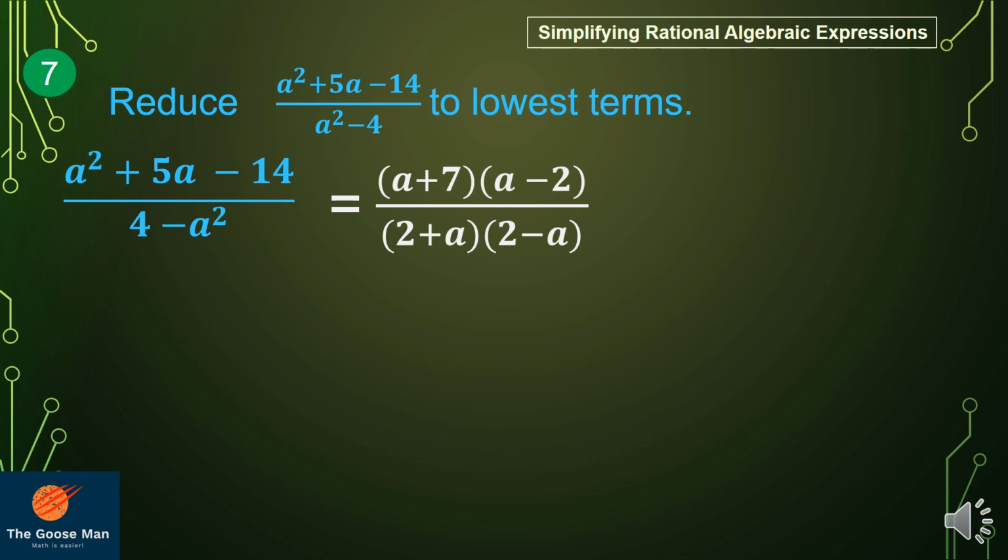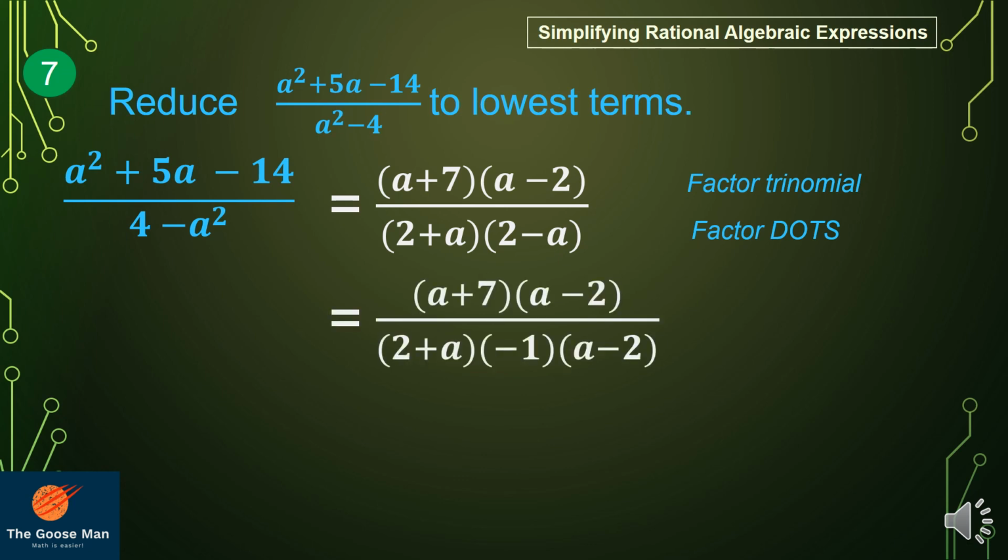While a squared minus 4 is a difference of two squares, the factors are a plus 2 and a minus 2. Observe that I have here a minus 2 and 2 minus a. So what I will do is factor out the negative in 2 minus a.